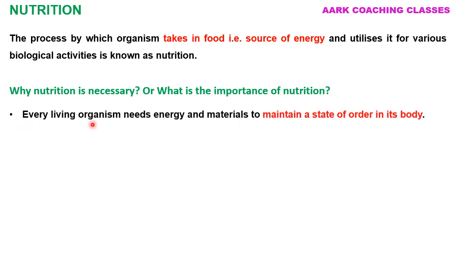Every living organism needs energy and materials to maintain a state of order in its body. State of order in its body means what? The body should function properly. We have seen that your body is nothing but a factory.